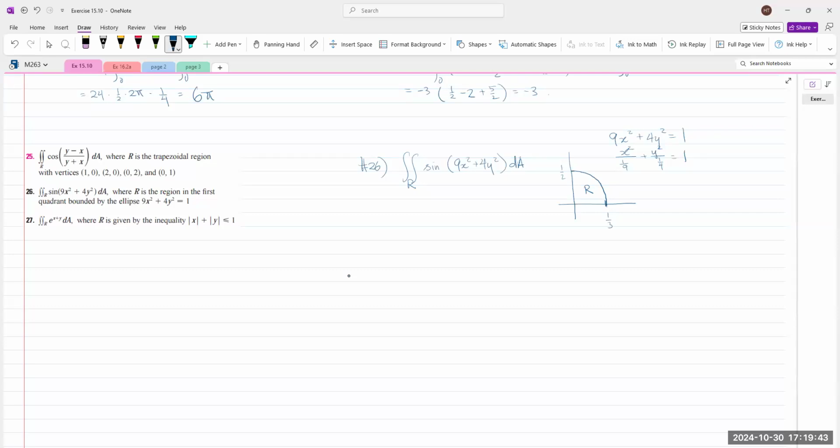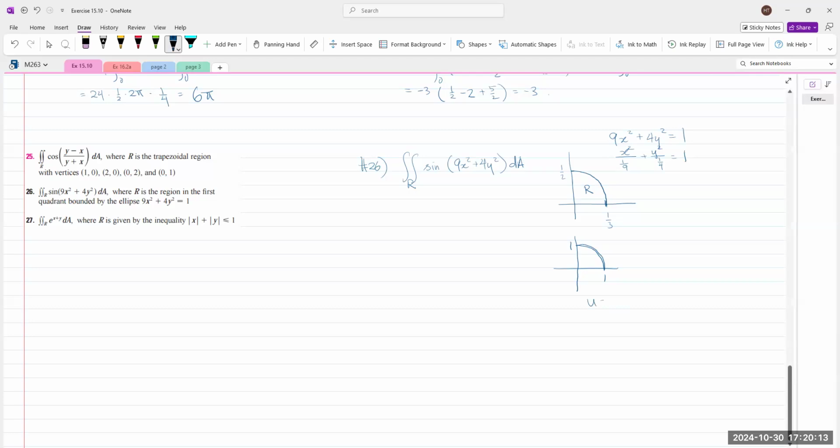I think I will do this. You see, to make it the unit circle in the first quadrant, my plan is to reshape, deform this into the first quadrant of the unit circle, which basically means x will be stretched by 3. Sorry, I wrote it wrong.